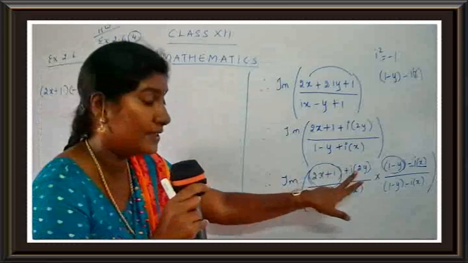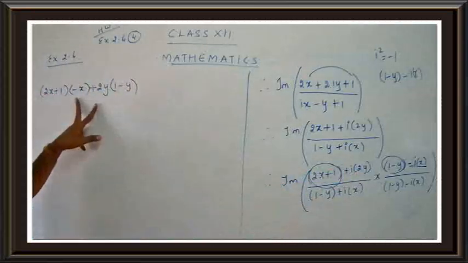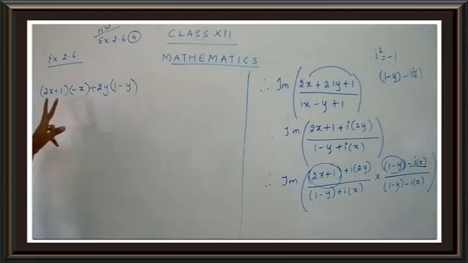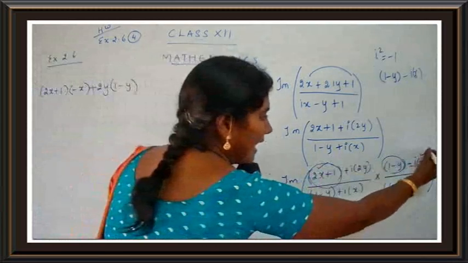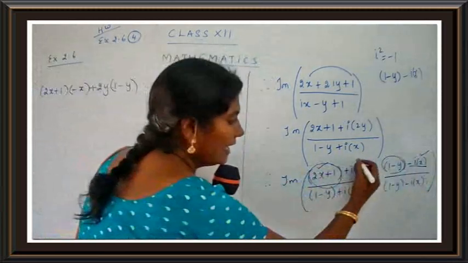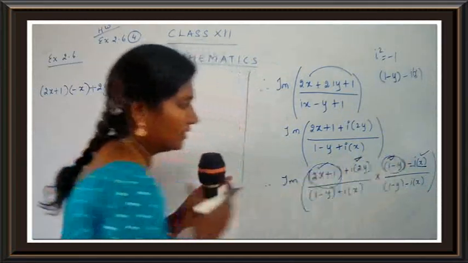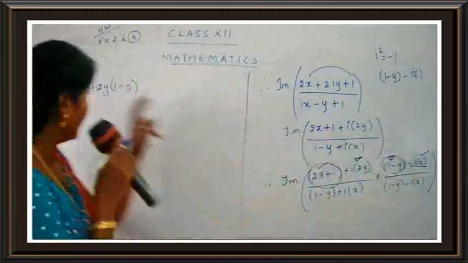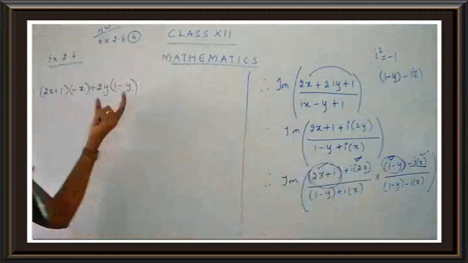So when you get minus 1, that means the i term is not present. Okay, children? So you have only two terms for the imaginary part. What are the two terms? 2x plus 1 and ix, then i into 2y and 1 minus y. If you multiply this pair, you get an imaginary part, and if you multiply this pair, you get an imaginary part.